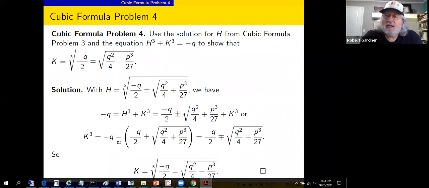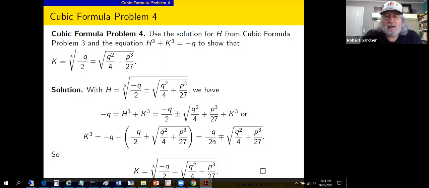Let's distribute that negative sign. Distributing the negative sign produces positive q over 2. We're going to take that and combine it with this negative q. Negative q plus q over 2 is negative q over 2. I actually did the addition here. That's where this negative q over 2 comes from. It's not this. It's this plus this minus the negative.